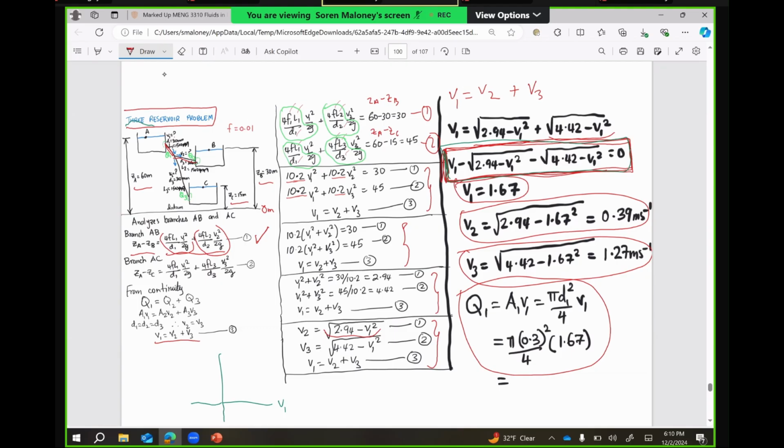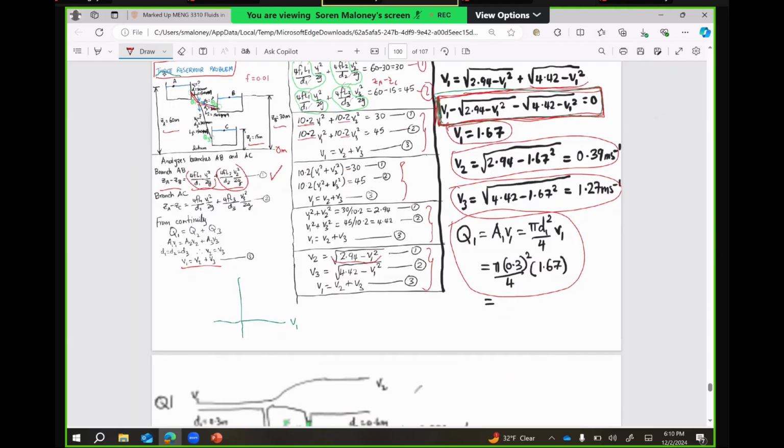Again, we have not done anything different. All we have done here is apply Bernoulli's principle, losses, and continuity. That's it. We've not done anything new, right?